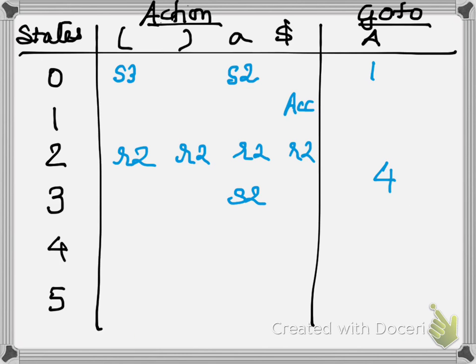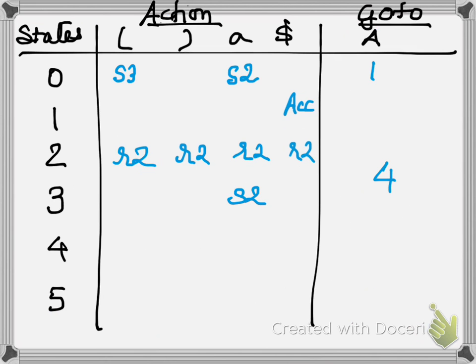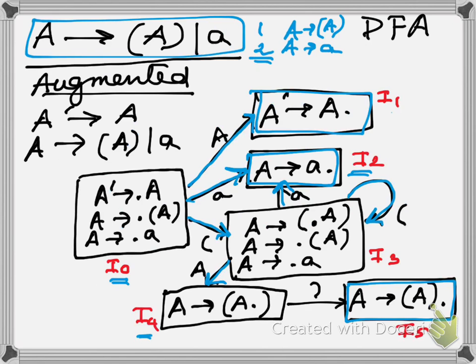And on opening parenthesis it goes to itself, so shift 3. Shift we will put only on the column which is the label of the transition. So here this transition was labeled with parenthesis, so we'll put shift only in that particular column. So no more of state I3.